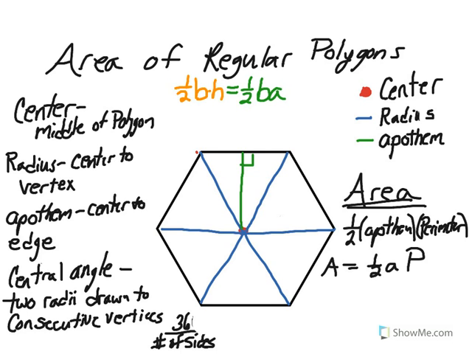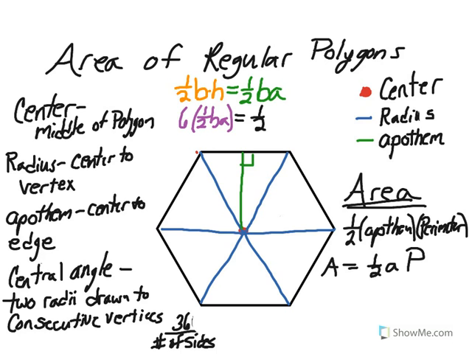Now, since there's 6 of these, we're going to multiply this by 6 to get the whole area of the polygon. So we have 6 times 1/2 the base times the apothem. Now, let's take this a little bit further and clean this up. If we reorder it, we have 1/2 the base times 6.